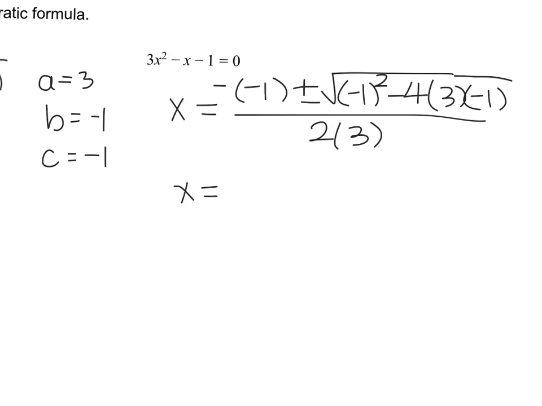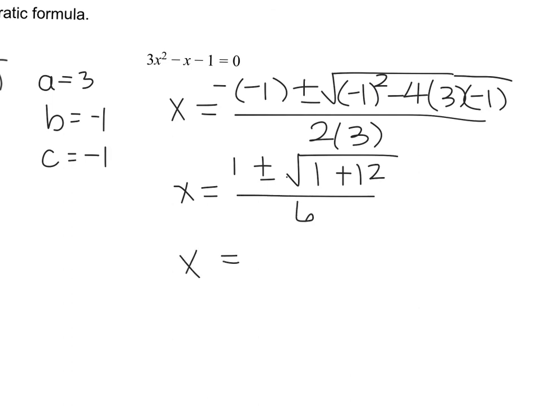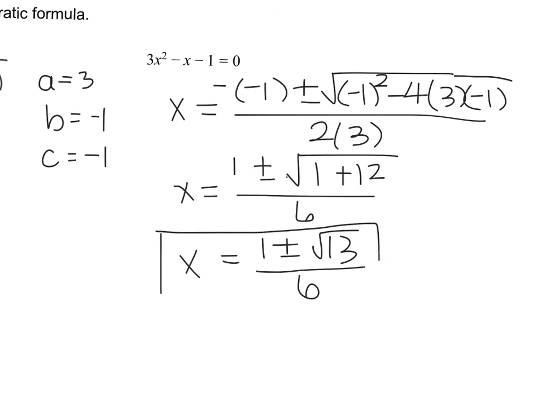So we get x equals 1 plus or minus the square root of 1, and then -4 times 3 times -1 is going to give us a +12, all over 6. Then we get x equals 1 plus or minus the square root of 13 all over 6. And this square root of 13 doesn't simplify, so this is going to be our final answer.